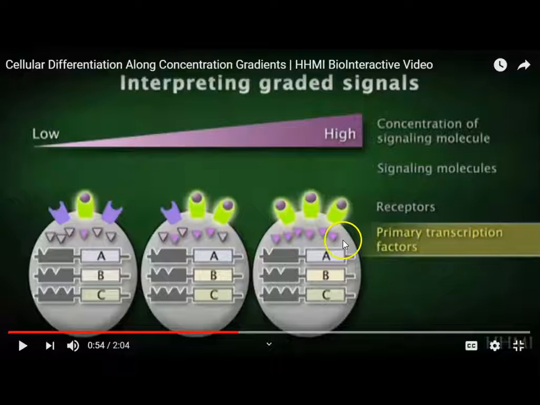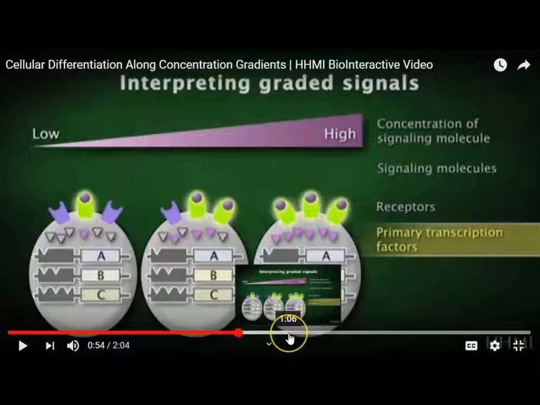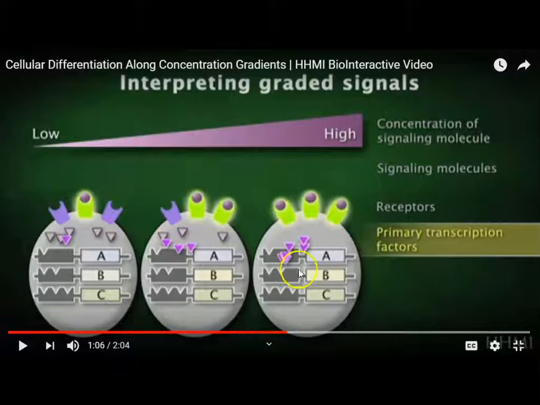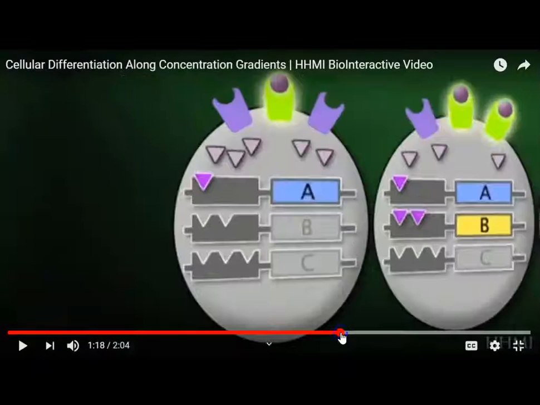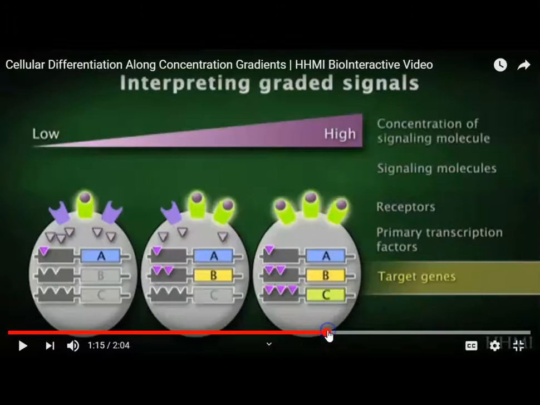you will see that the strong signal creates more transcription factors rather than the other one. And then with more transcription factors, they can attach to more places and activate more genes.